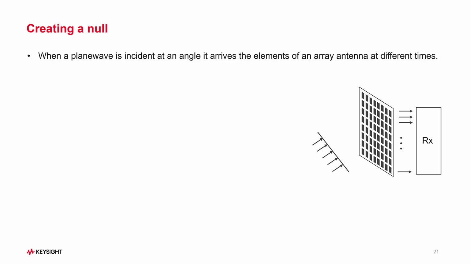When it arrives at an angle, various elements will receive the plane wave at different times, and they will have phase differences because of the time differences. So the outputs from the phased array towards the receiver will have different phases and obviously different delays.